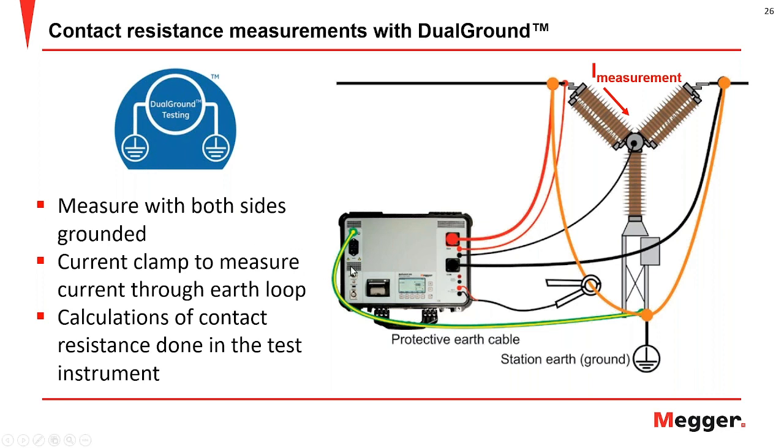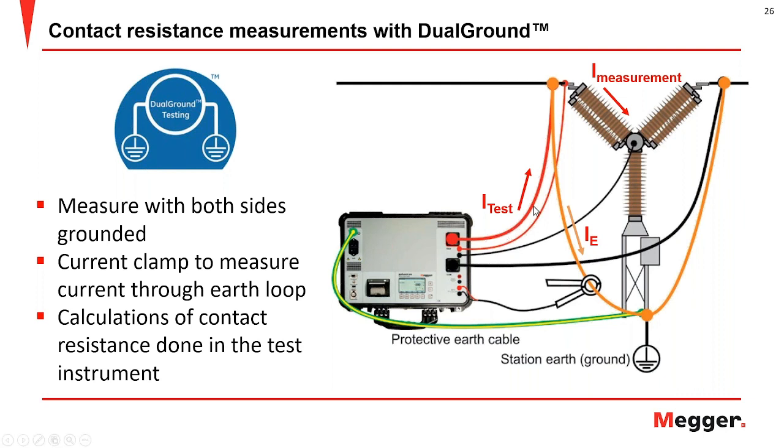So this is done by measuring the test current and the part of the injected current which runs away through the earth loop by using a DC clamp, and by having the IE measured, the instrument can perform internally a calculation of the resistance.